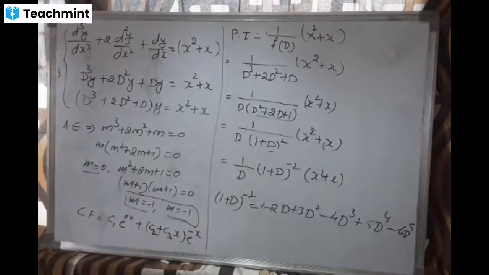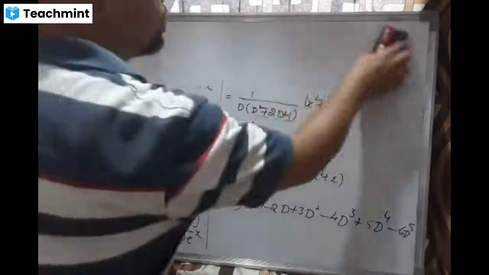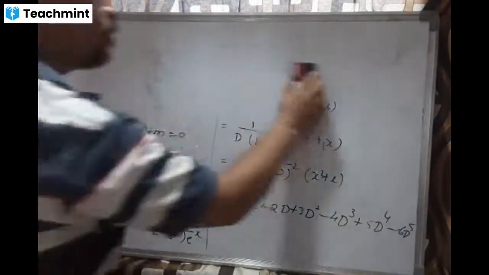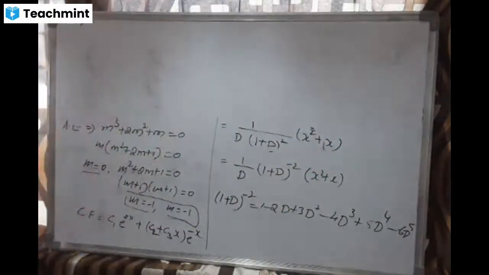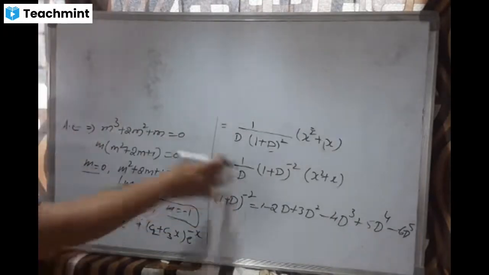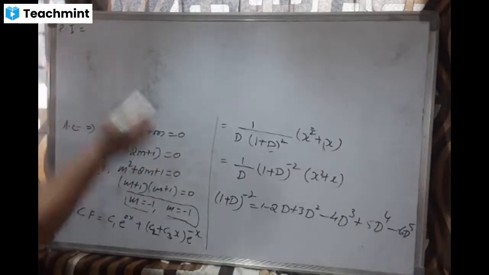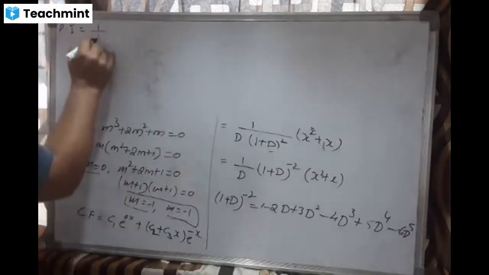For that sake, let me clean the board first. Right, now this one I'm substituting over here. Pi is equal to 1 divided by d, as it is I'm writing.